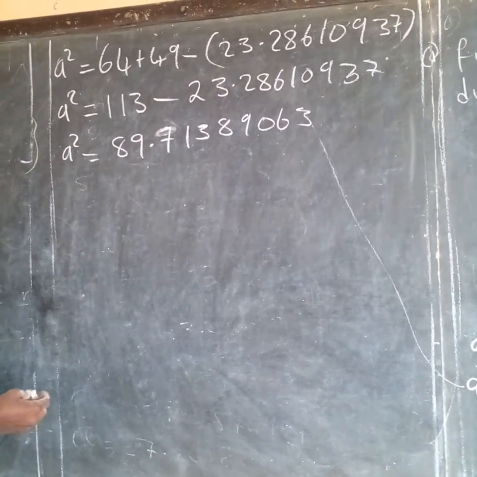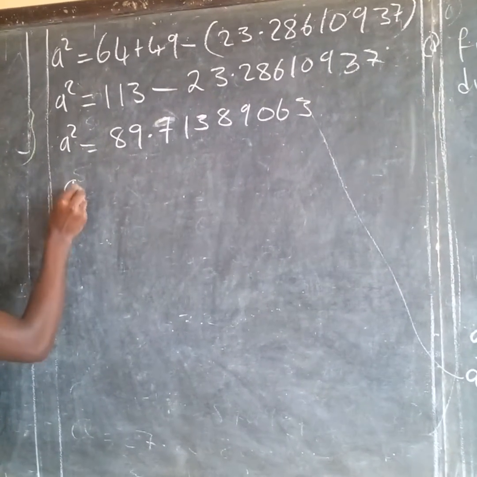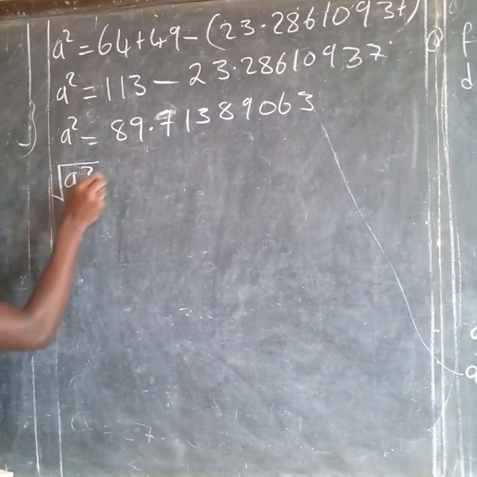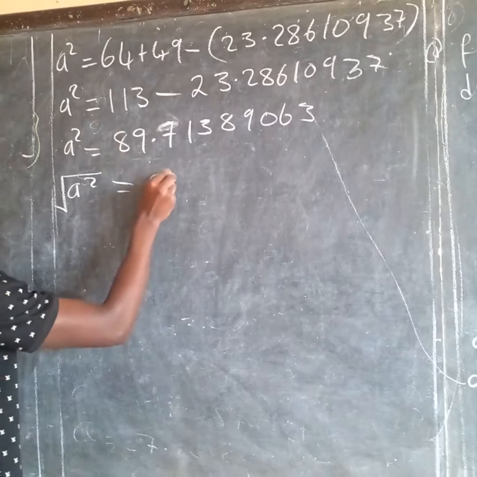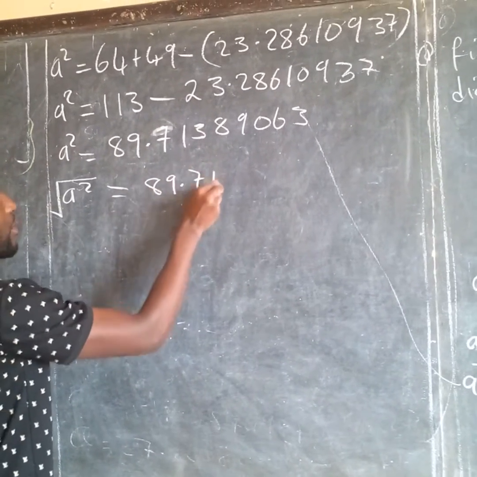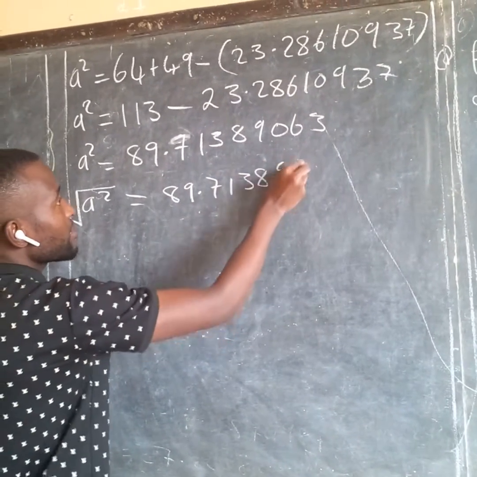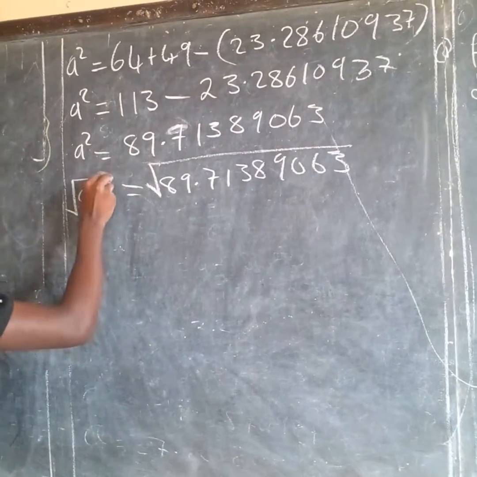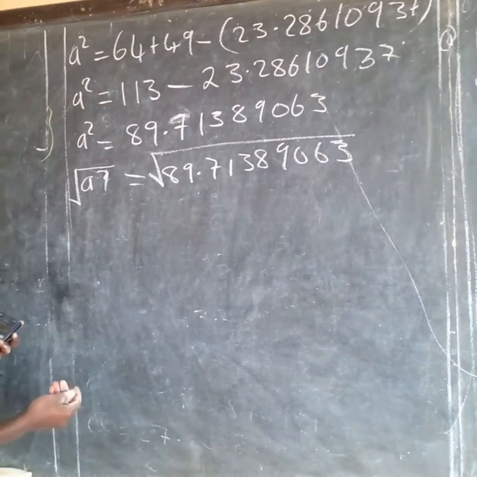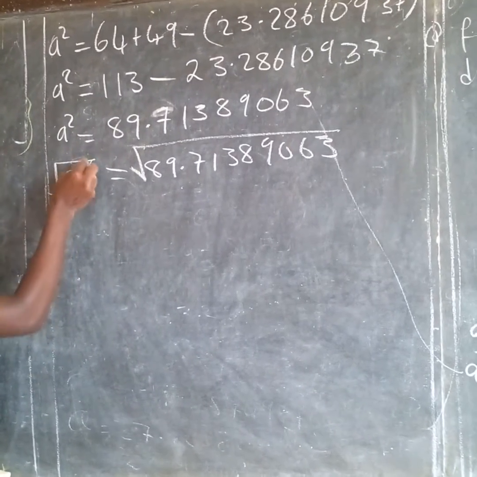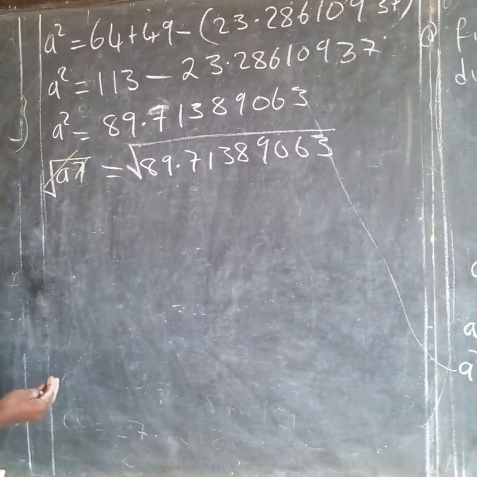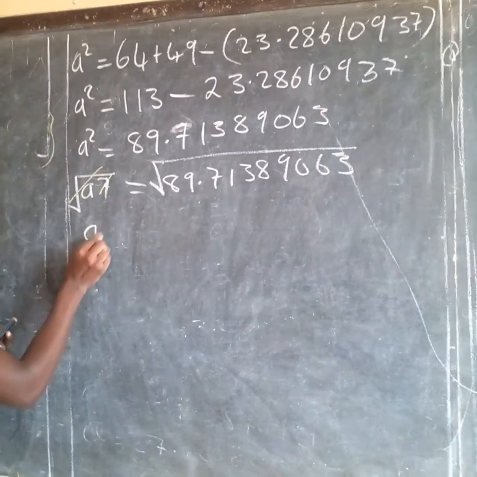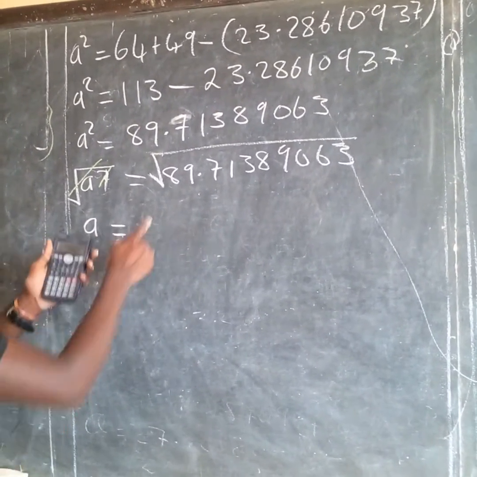That is the main interesting part. You are going to introduce the square root on both sides. Even this side, you're going to introduce the square root. Cancel this square root. So this square, which is here, and this square root, they will cancel, so that you are just going to remain with A is equal to the square root of this.